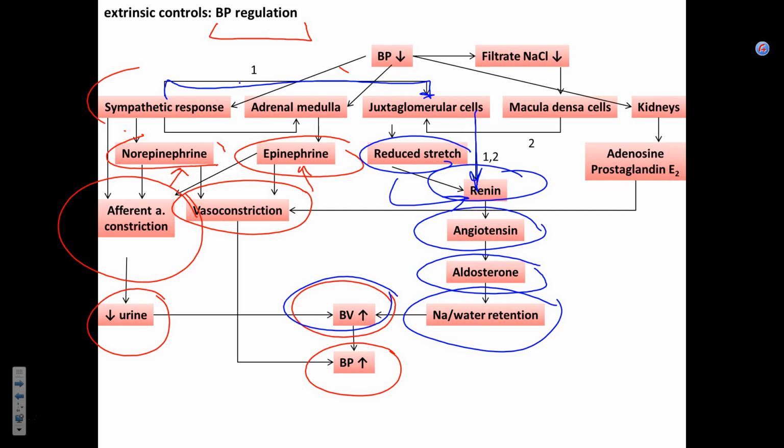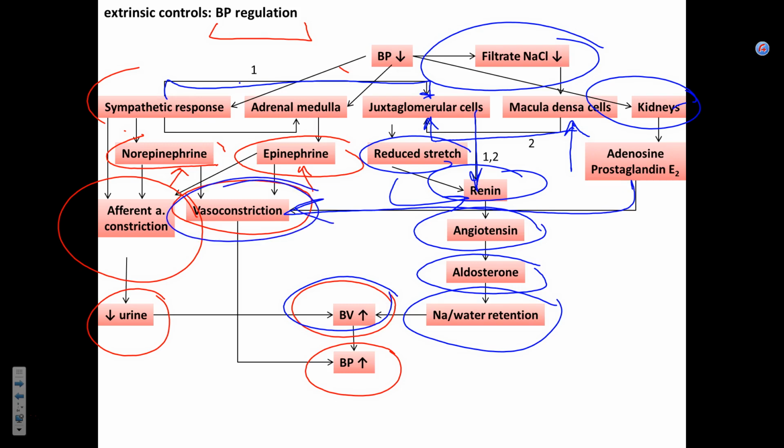As it flows slower, there is more time to reabsorb sodium chloride. So concentration of sodium chloride in the filtrate will go down. Macula densa cells will sense it, signal to juxtaglomerular cells, and juxtaglomerular cells will release renin. Does that make sense? And finally, there is a response from kidneys directly. In response to reduced stretch, they will produce adenosine and prostaglandin, which will lead to vasoconstriction.